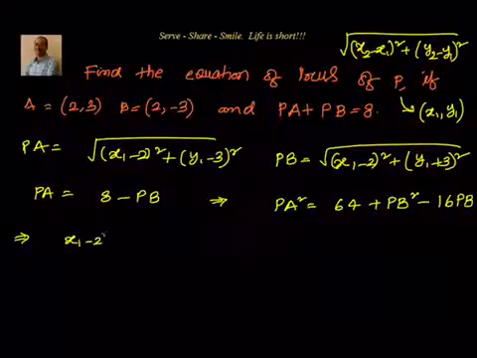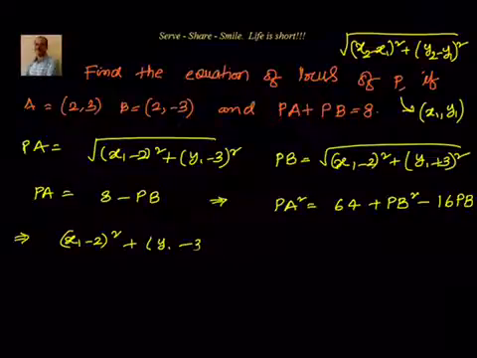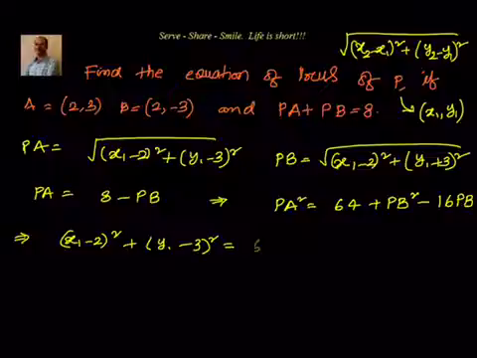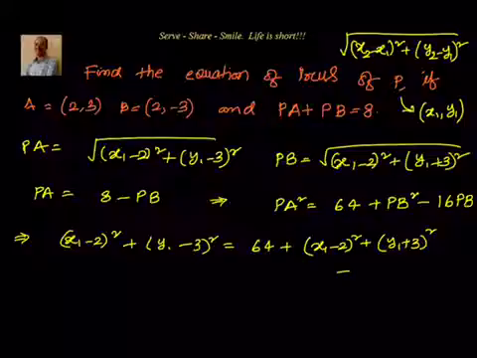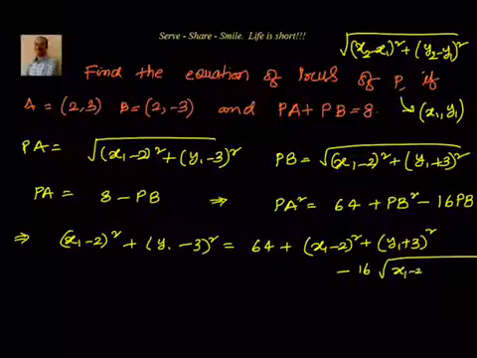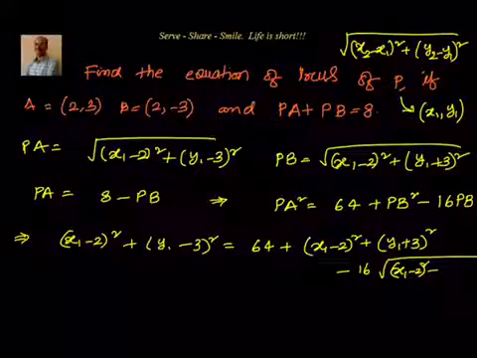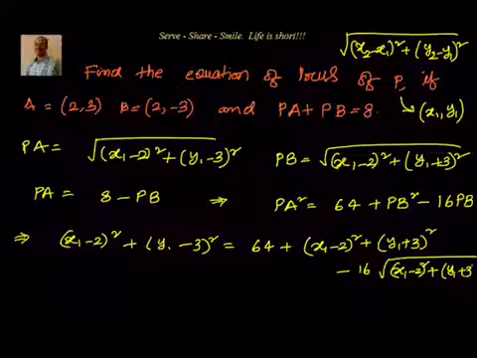Can I write down (x1 minus 2) whole square plus (y1 minus 3) whole square equal to 64 plus PB square, that is again (x1 minus 2) whole square plus (y1 plus 3) whole square, minus 16 into PB. PB is square root of (x1 minus 2) whole square plus (y1 plus 3) whole square.